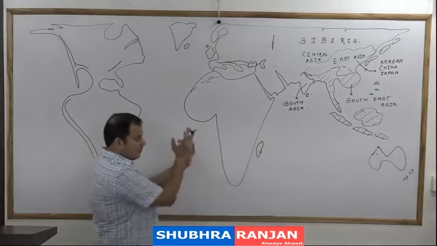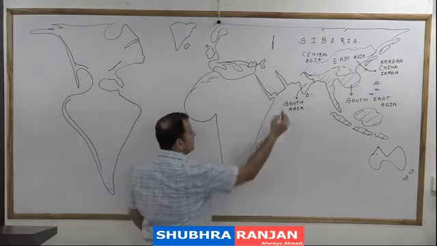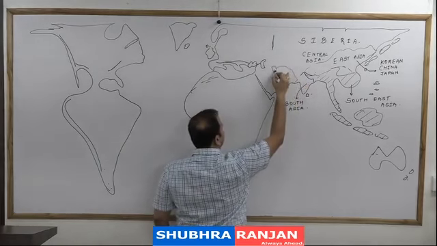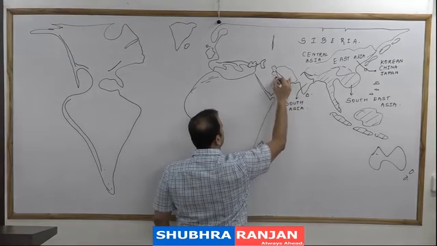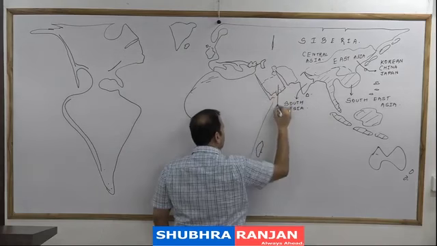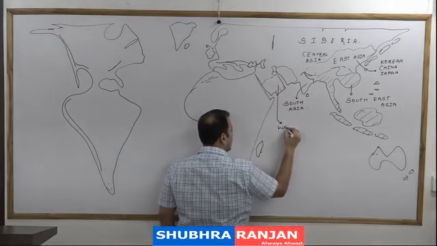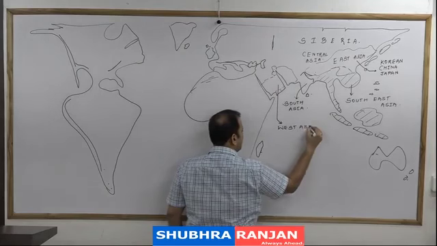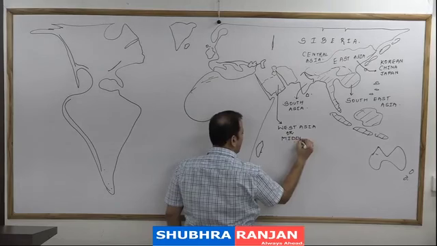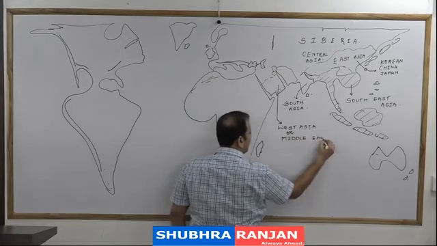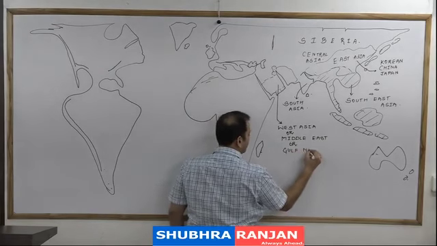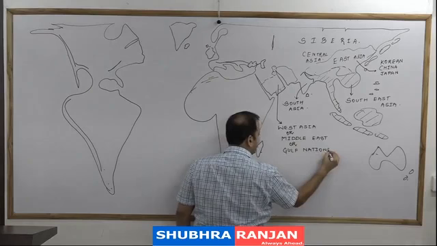And then from the west of Pakistan, this is Iran, Kuwait, Iraq, this is Kuwait, this is Saudi, this is Yemen, this is Oman, what is known as West Asia or Middle East or Gulf nations.